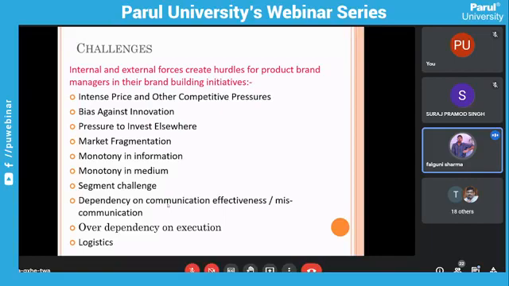which gives better output than the current one. Market fragmentation: how the market is fragmented in a particular segment.